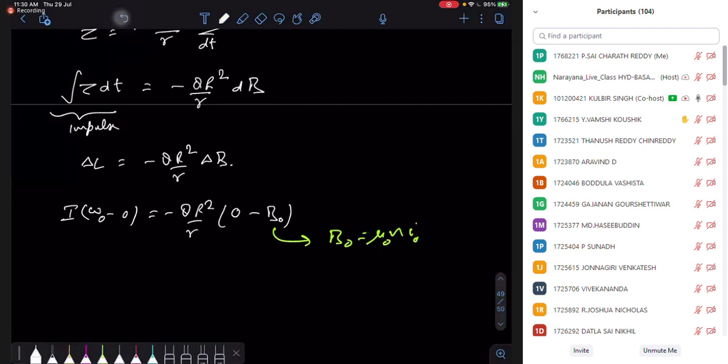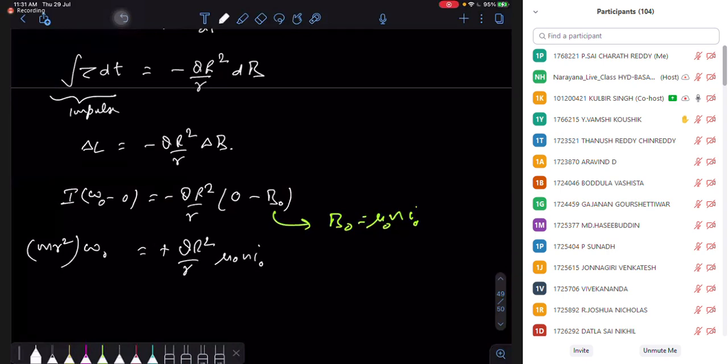This I stands for your moment of inertia. Moment of inertia is m r squared. And this side you are going to have minus plus q r square by r, and B naught here is mu naught I naught. So omega naught comes out to be, with these factors, q by m.